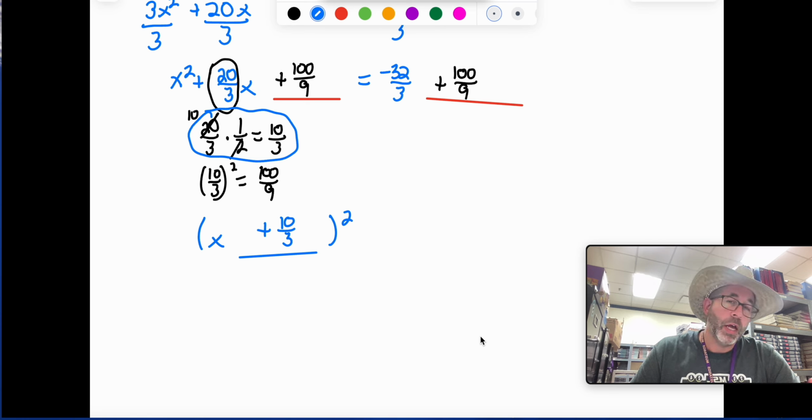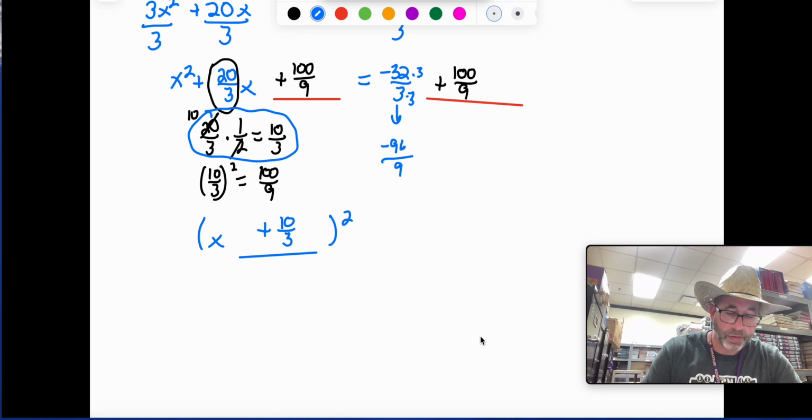On the right side, 100 over 9 minus 32 over 3. What I'm going to do is get these denominators to be the same. So I have to multiply this by 3, which makes this negative 96 over 9 and 100 over 9. That means that if I do 100 minus 96, that's going to equal 4 divided by 9.